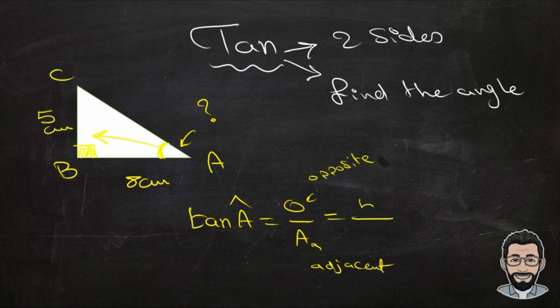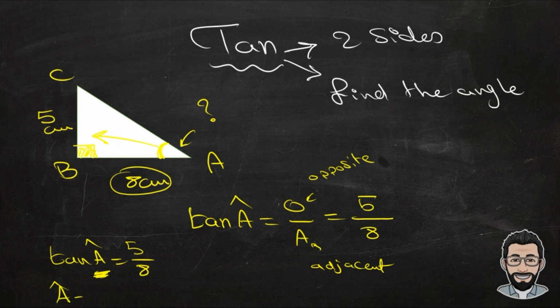It's here, 5 over 8. So tan of angle A equals 5 over 8. Like the previous case, we're going to put here angle A equals tan -1 using the calculator. 5 over 8 equals about 32 degrees.